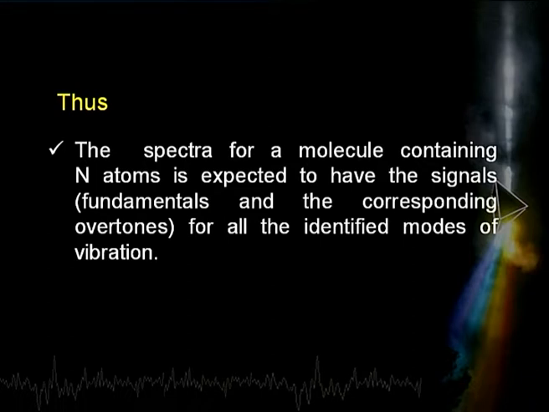As I mentioned in the example of benzene, 30 modes, each with its fundamental and so on, are all expected to be there. That means we expect the IR spectrum to be highly complex.